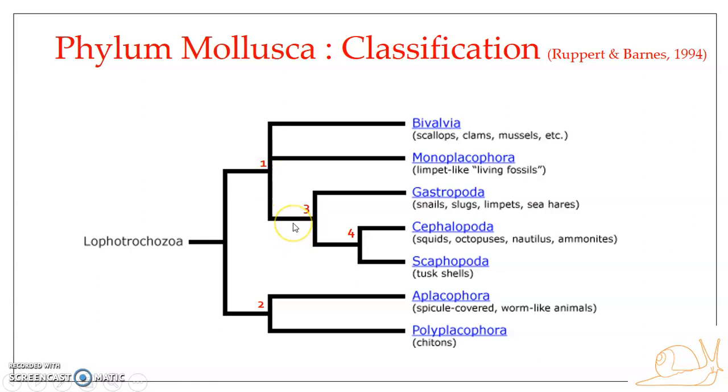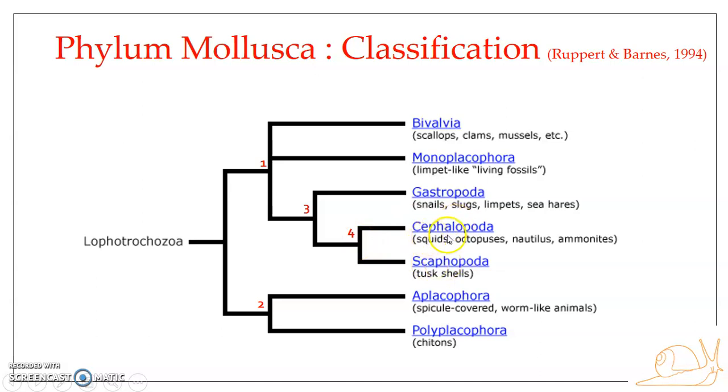Later, after millions of years, ancestral 3 gave rise to two stocks. One was class Gastropoda, and another was ancestral 4. This ancestor 4 later evolved into class Cephalopoda and class Scaphopoda.